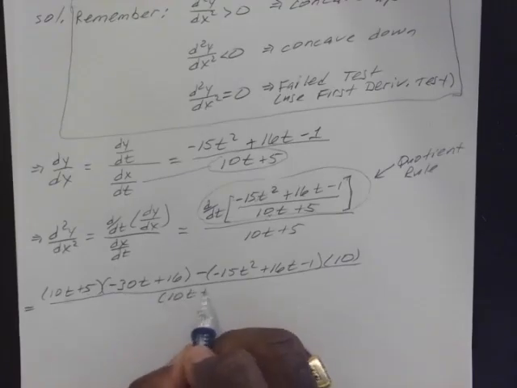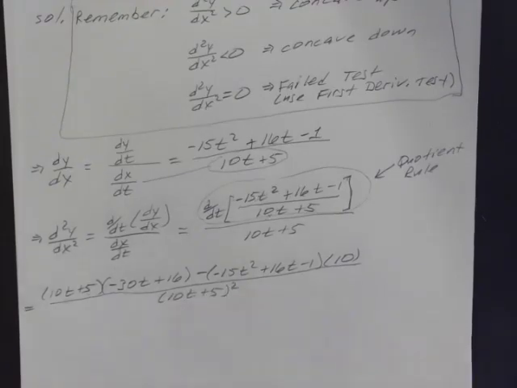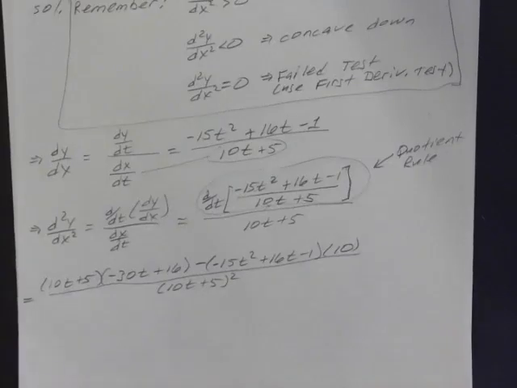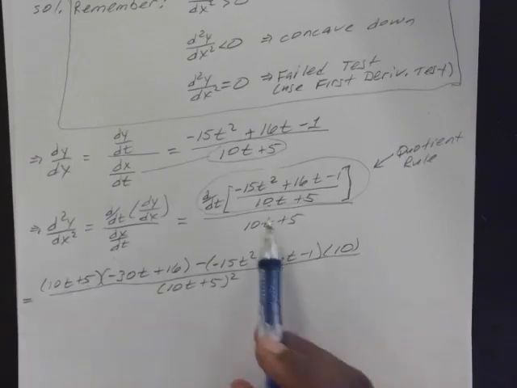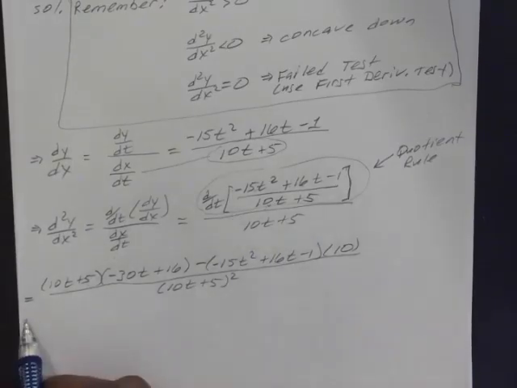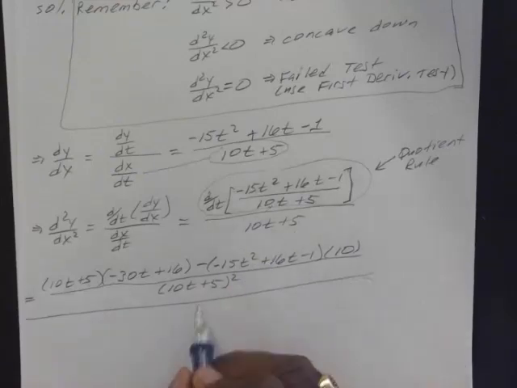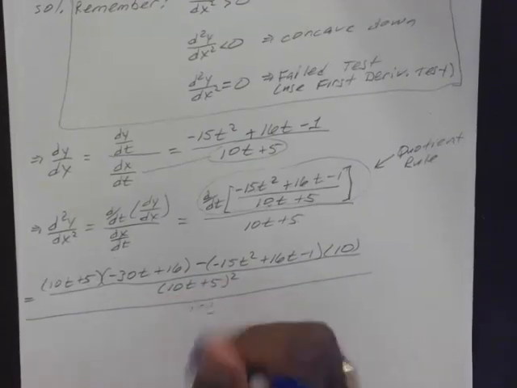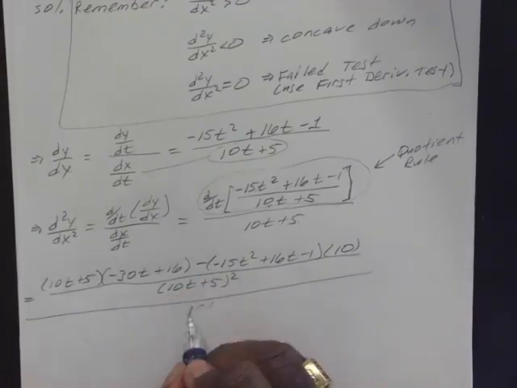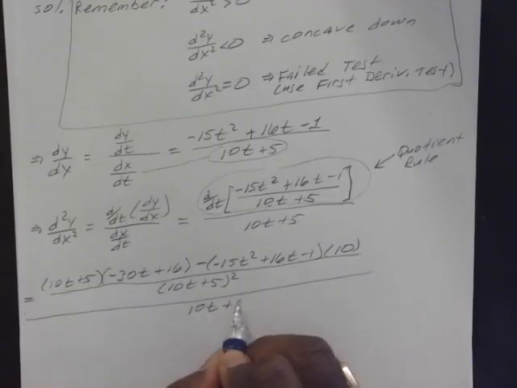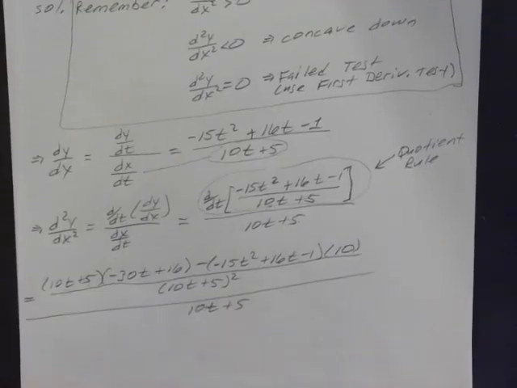So 10t plus 5 squared. Okay, and that derivative is divided by that 10t plus 5 that was already there.